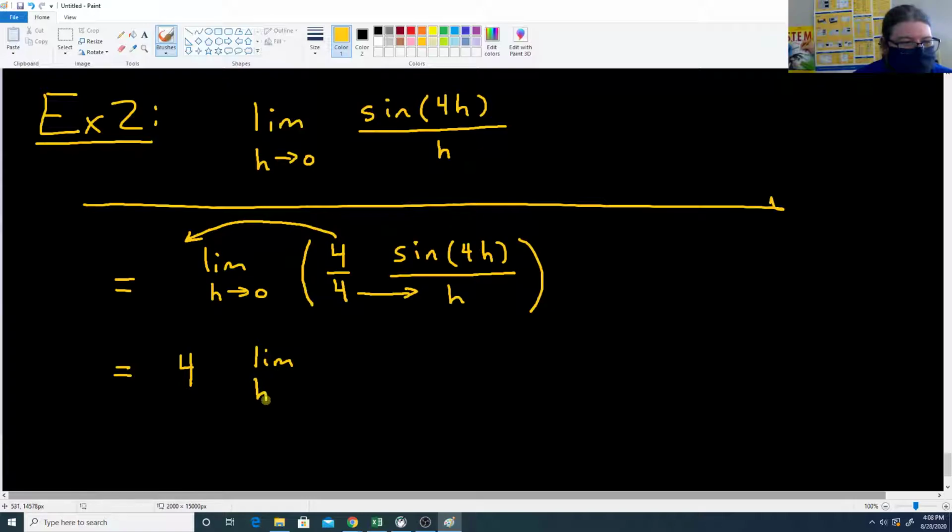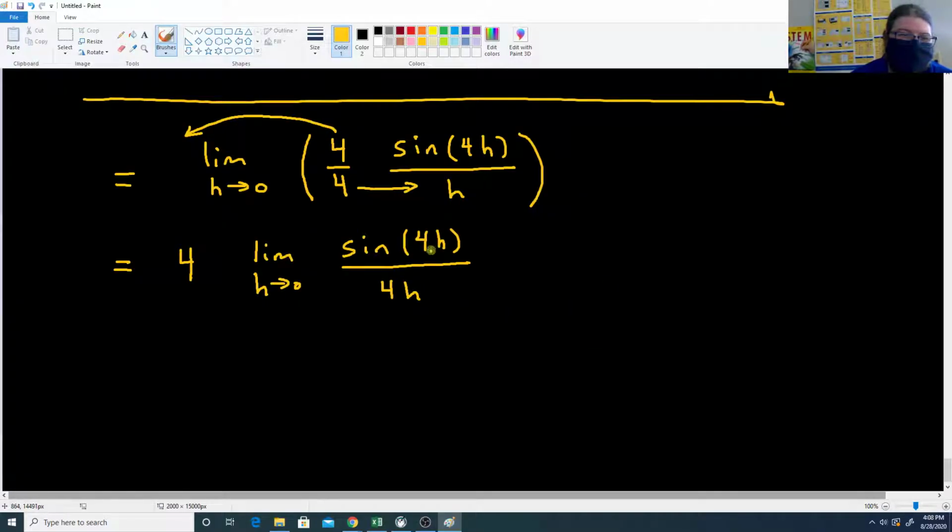We have the limit as h approaches 0 of sine of 4h divided by the same 4h. Now that I have sine of the same thing inside the parentheses as is downstairs, I can apply the theorem. So we're going to let theta equal 4h, and we'll rewrite this that way.